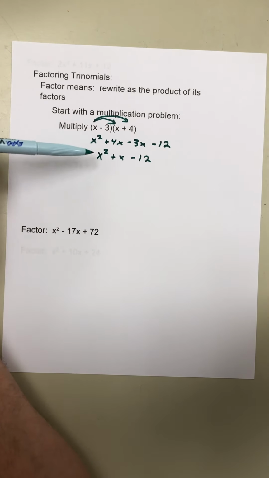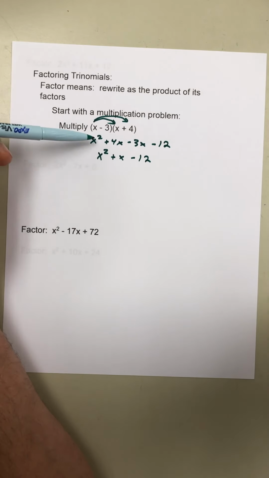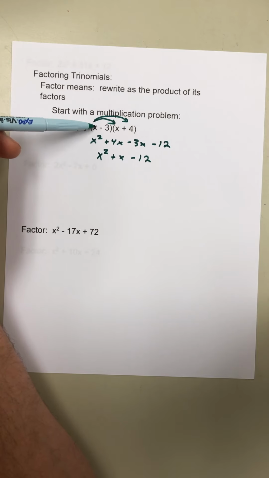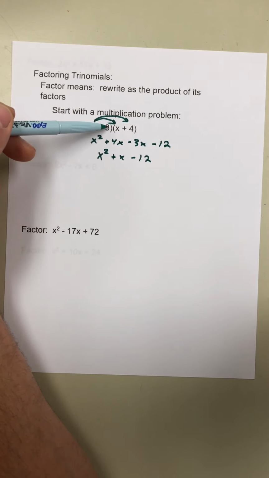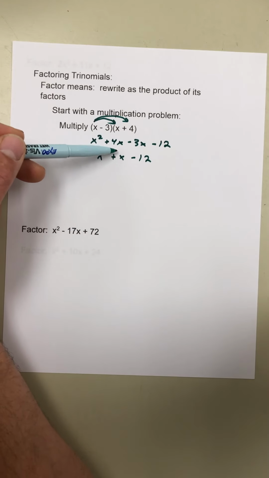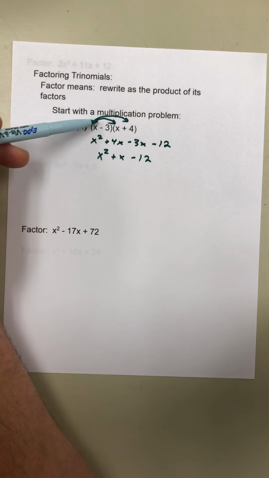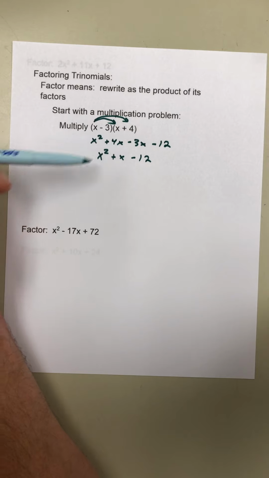But what I want to do is talk about where these numbers came from and why we got them. So this x squared only came from when we multiplied these first two terms together. The negative 12 came from when I multiplied the last two terms together. And this middle term came from when I multiplied the outside two numbers and the two insides together and then added them together.